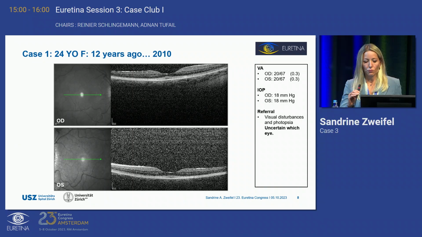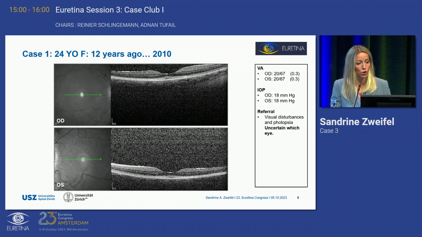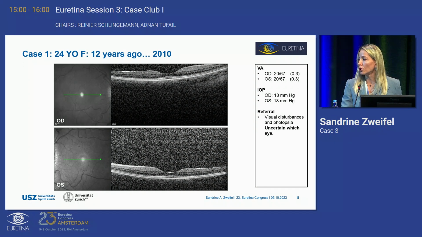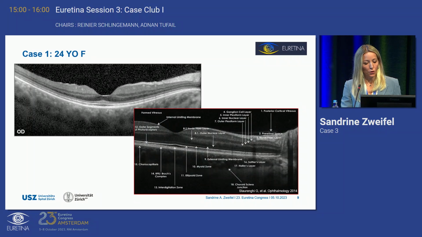I think we have here really leading experts. I show you the OCT of the left eye. We went back, and actually 10 years ago, at the age of 12 years old, this is the OCT of the left eye. Doesn't help actually that much. But we already heard about the diagnosis.